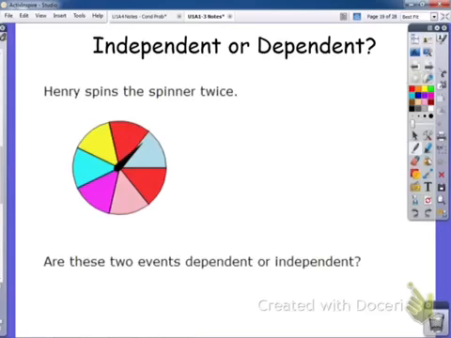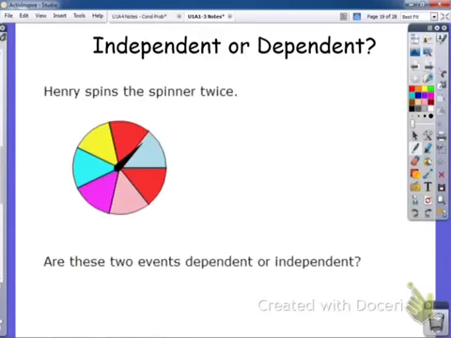We have our friend Henry, and he spins the spinner twice. Are these two events dependent or independent? Think of a game that you've played or seen before that has a spinner. Twister, okay?